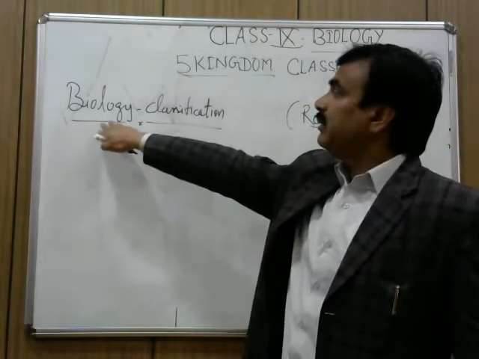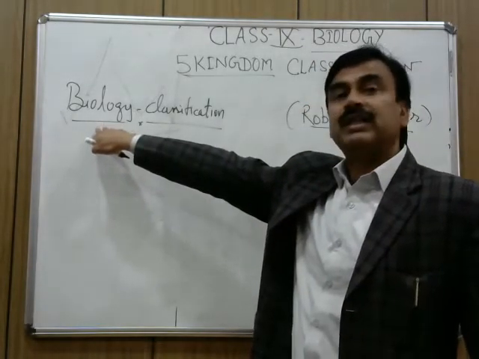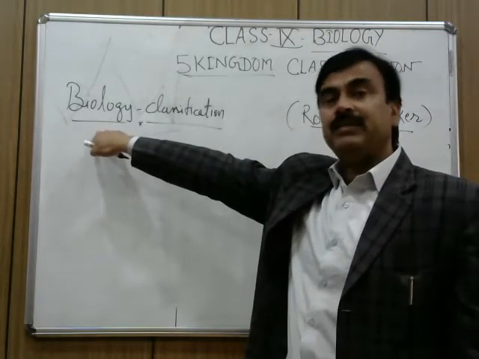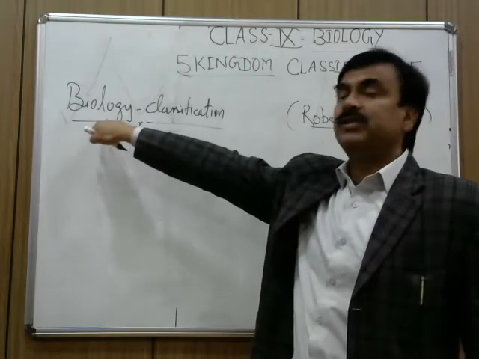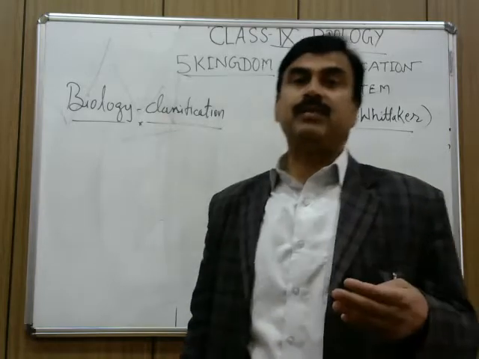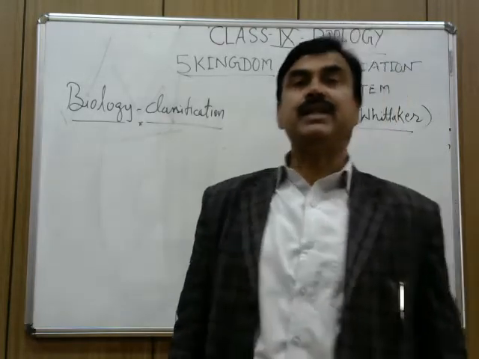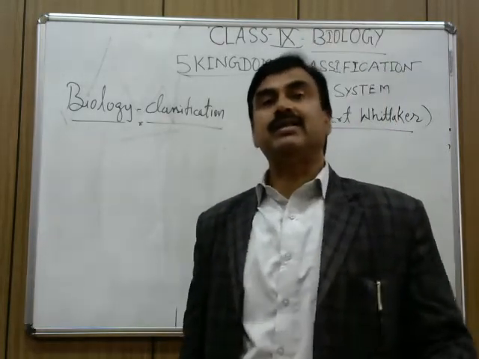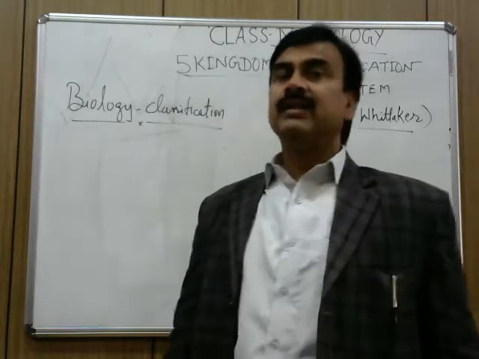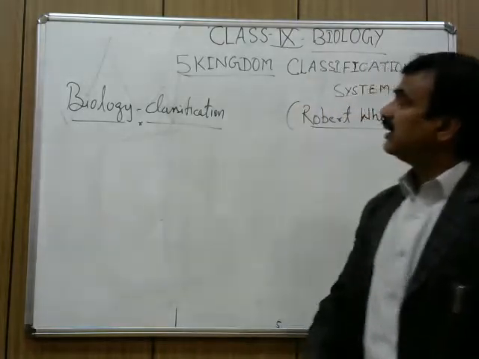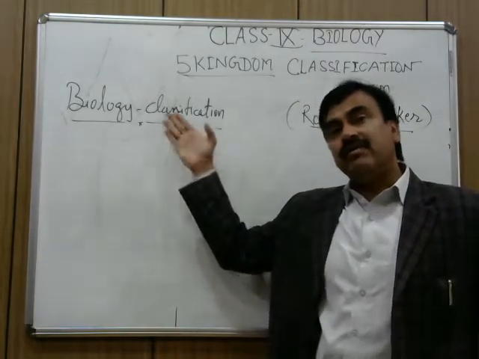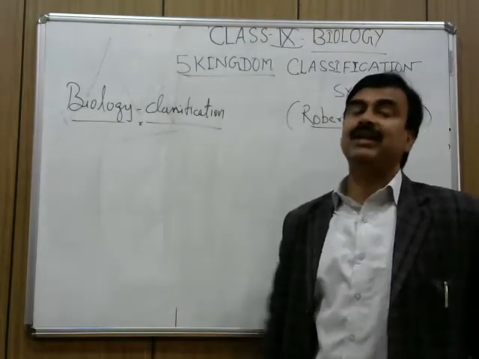It means in biology we study the classification of plants and animals. In biology you study botany and zoology. Zoology means the study of animals, and in botany we study about plants, right? So when we go for classification, we always cover plants and animals.